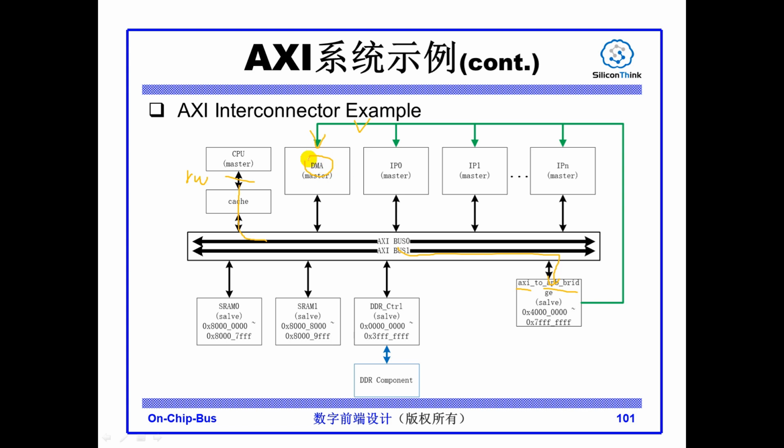After the trigger of the DMA controller by the CPU core, the DMA will read and write data through the AXI interface. First, it may read data from this address space and write to this address space.